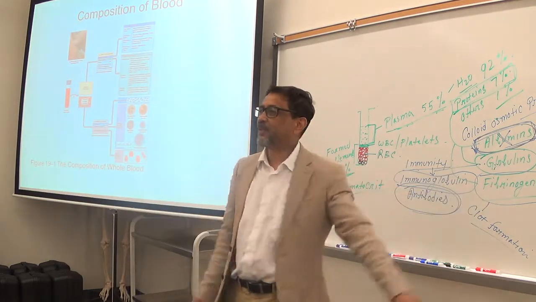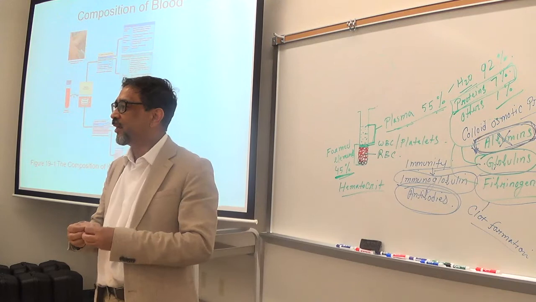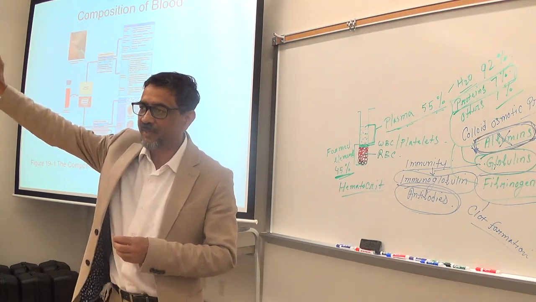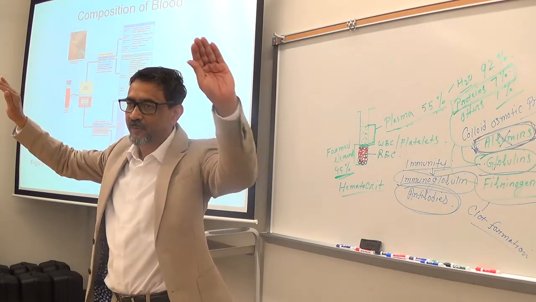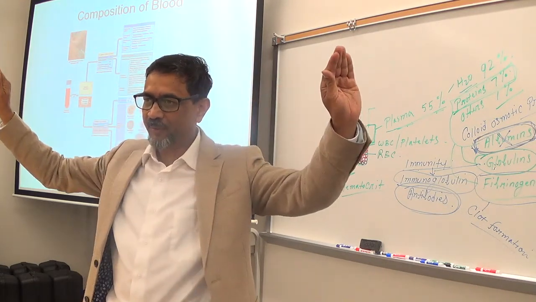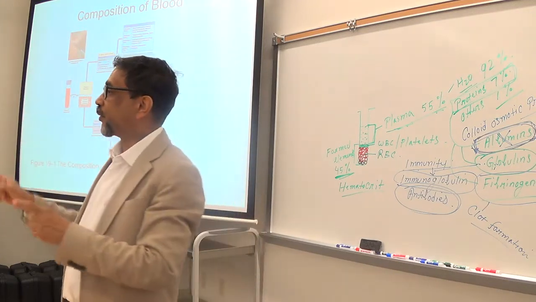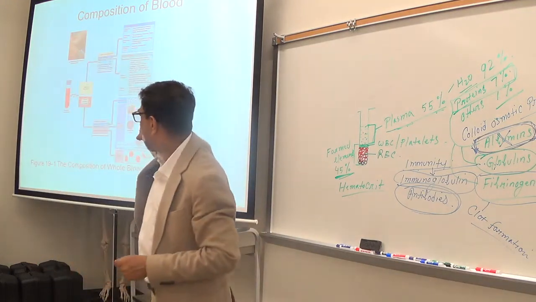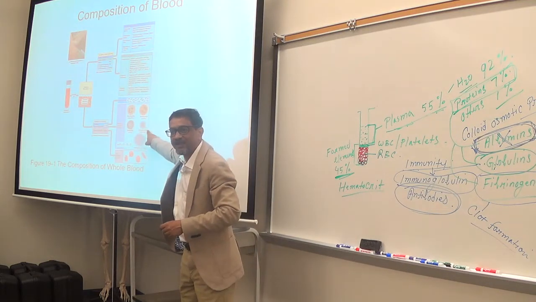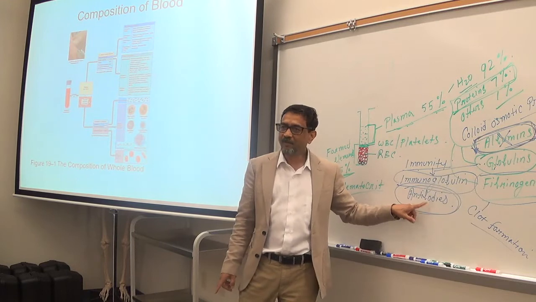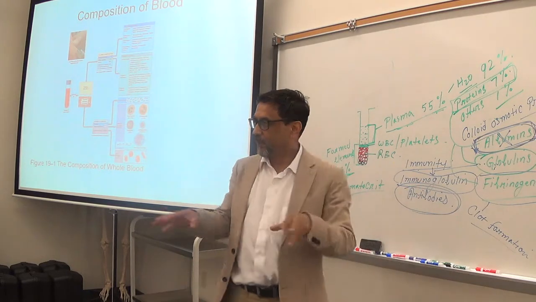So, if I ask you which two components of your blood are responsible for blood clot formation, which type of blood cells? Platelets. Which type of plasma proteins? Fibrinogens. Okay. Now, two components of your blood are responsible for immunity. Which type of blood cells? White blood cells. Which type of plasma proteins? Globulins. Okay. So they are providing immunity.